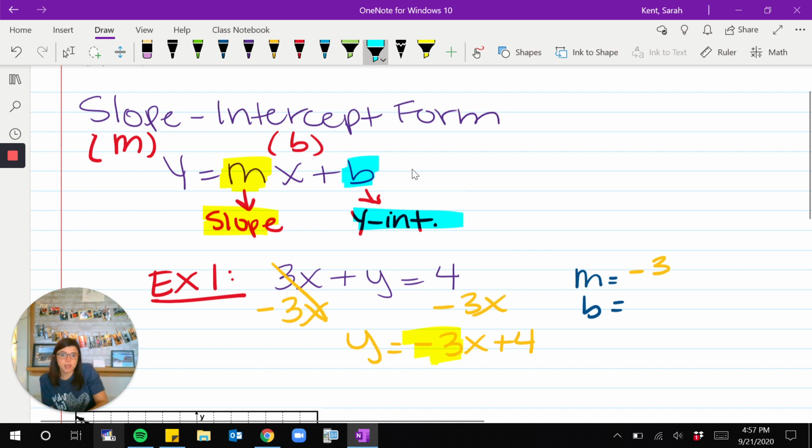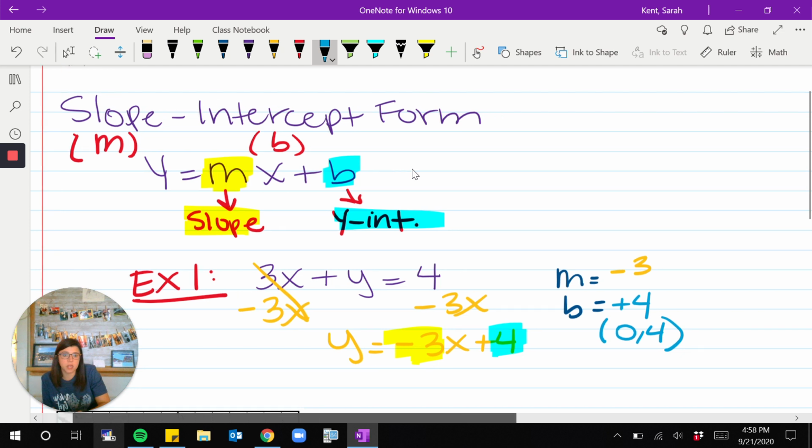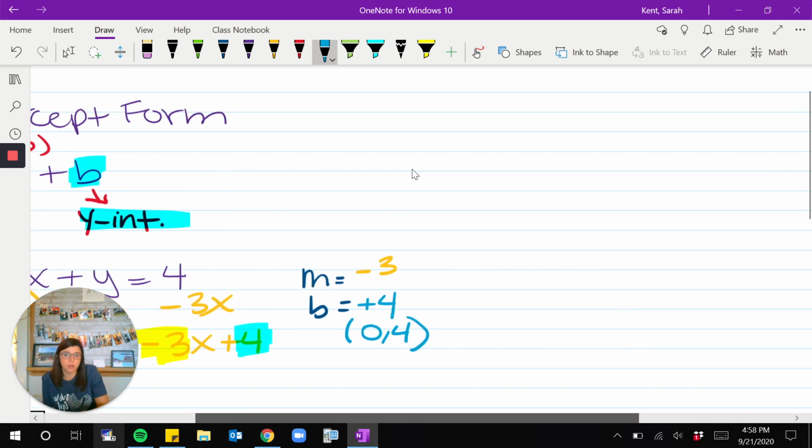If I look at the end here, I'm adding 4. So my y-intercept is going to be plus 4, or I could write this as an ordered pair of (0, 4). Those are the same thing. I know you don't have a graph, but we can graph this pretty easily without one.